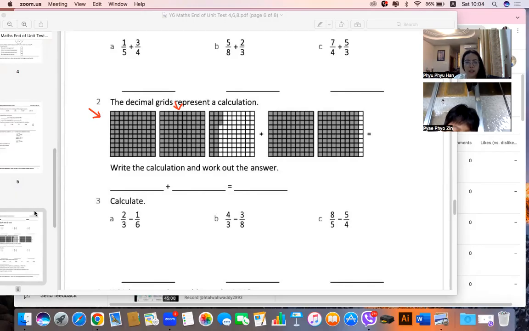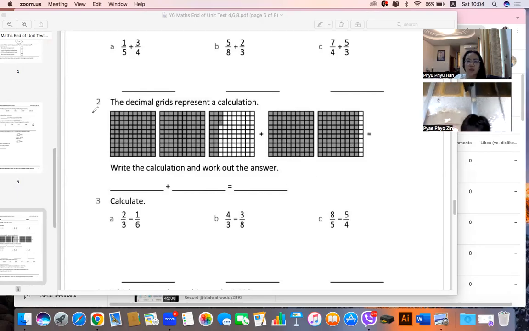We will write the calculation and work out the answer. So the decimal grid represents a calculation, and we write the calculation and work out the answer.